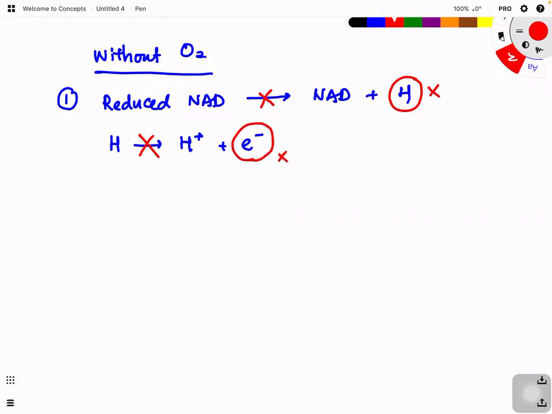If no electrons, the electron transport chain stops functioning. You don't have electrons, so what is there to carry? I can't carry anything. So the electron transport chain stops. Clear? If the electron transport chain stops, I can't create a steep proton gradient.